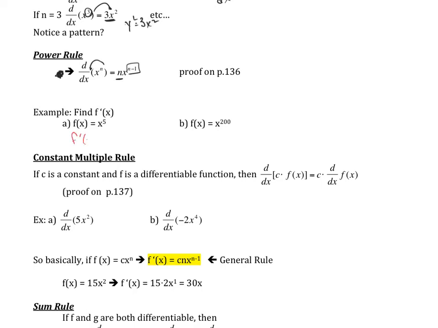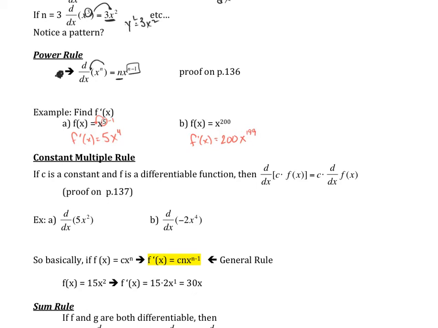F prime of x would be 5x to the fourth. So this goes out in front, you multiply it by whatever it is, and then you subtract 1 from the power. F prime of x would be 200x to the 199, and so on.